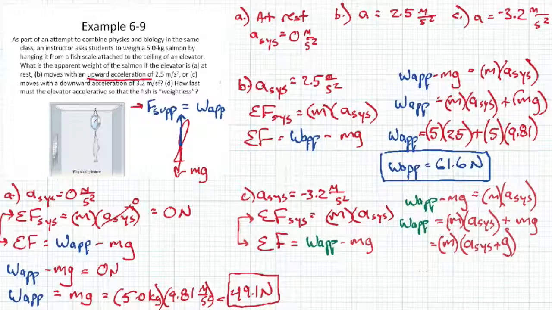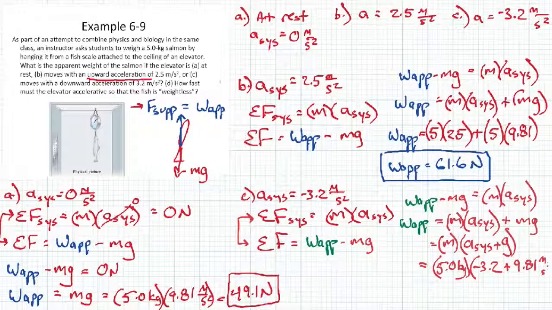So that means that that's going to be equal to 5.0 kilograms times negative 3.2 plus 9.81 meters per second squared. Sorry, I cheated there a little bit. I didn't put them in for the 3.2, but I was running out of space.